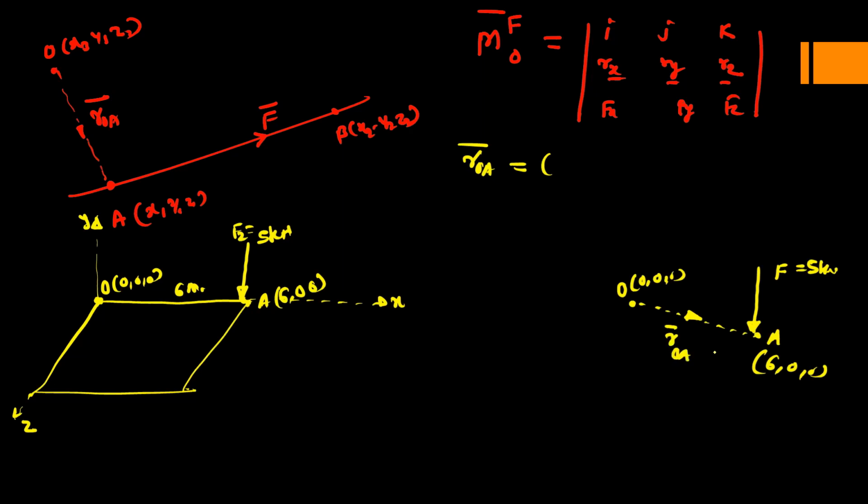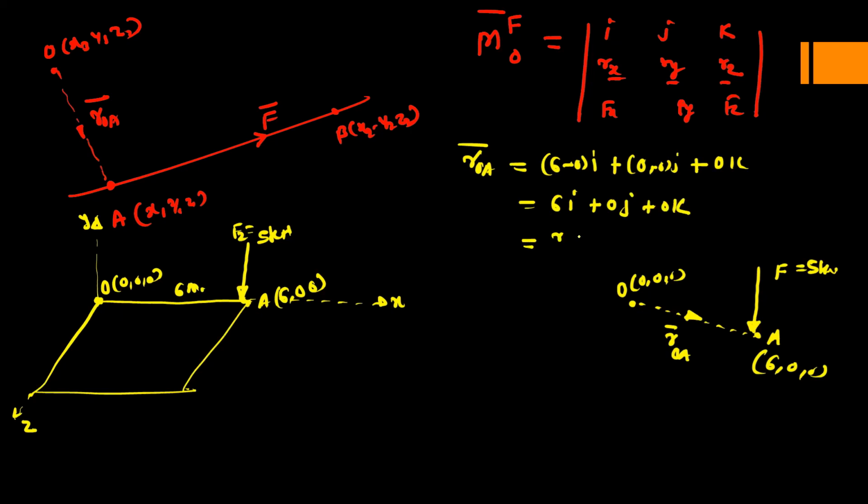So this position vector we can find out as, this is your x1 value, sorry, this is x2 value, so x2 minus x1. So it is 6 minus 0 into i plus 0 minus 0 j and plus 0k. So the position vector is 6i plus 0j plus 0k.